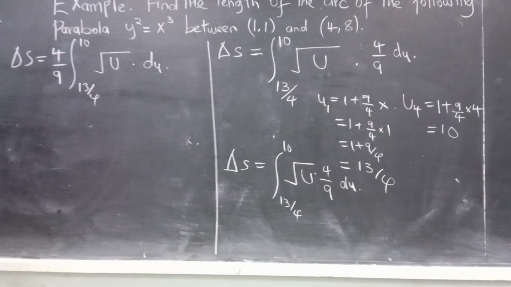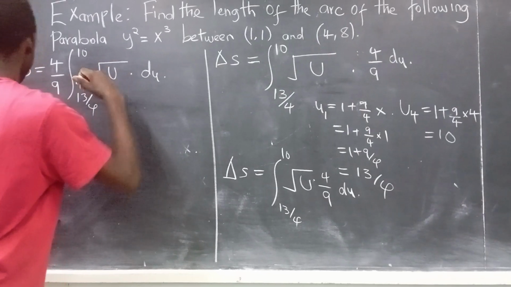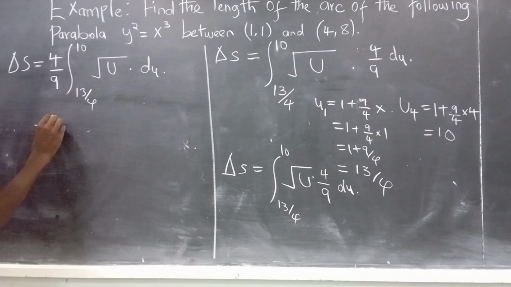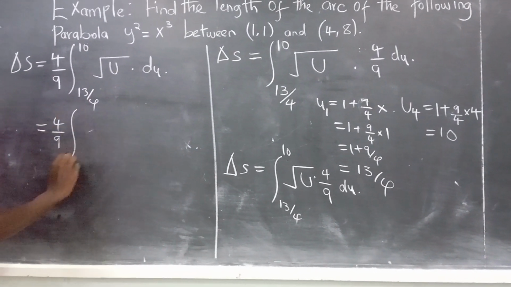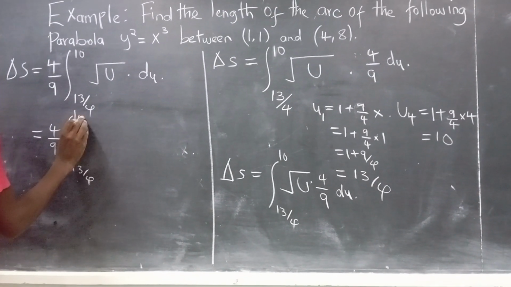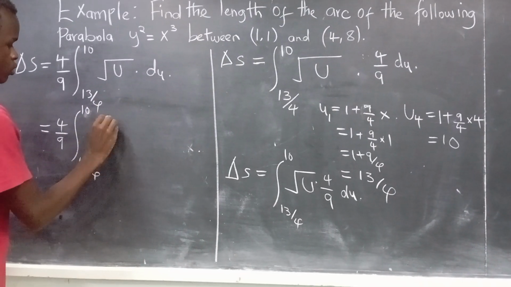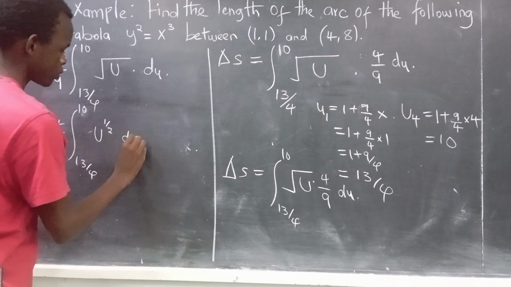So I'll write the square root as a power, so I'll say 4/9 times the integral from 13/4 to 10 of u to the 1/2 du.